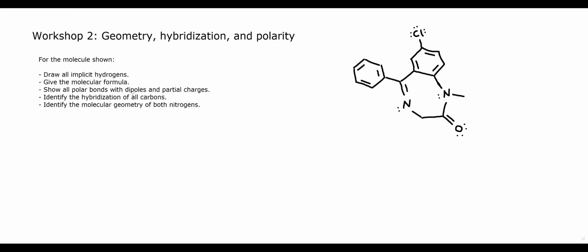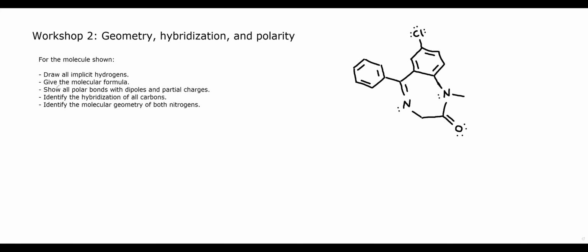We'll show all the polar bonds with dipoles and charges. We'll identify the hybridization states of all the carbons, and then we'll identify the molecular geometry of both nitrogens. Let's start with drawing the implicit hydrogens, and then we'll do the molecular formula right after that.